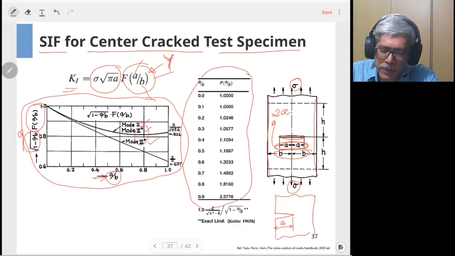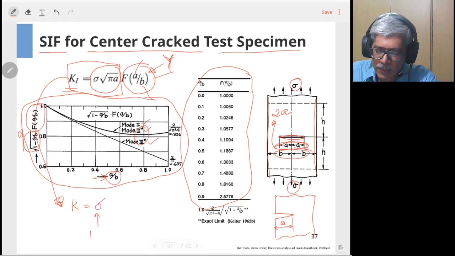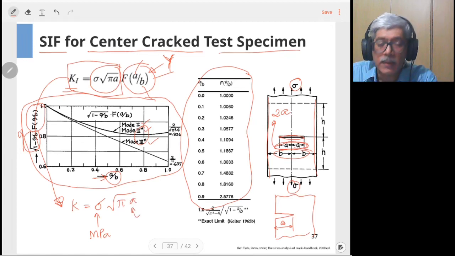Another important thing which I want to bring out here is the unit of stress intensity factor. Note that the stress intensity factor is sigma, which has the unit of stress, which can be MPa, and then under root pi a, where a is the crack length, so it is in meters. So the unit of stress intensity factor is something odd, which generally we do not see in engineering calculations.